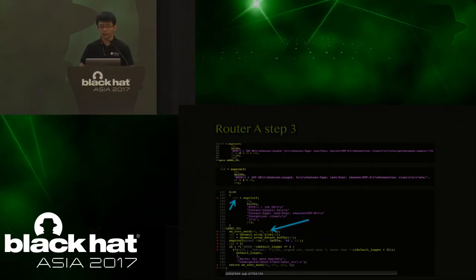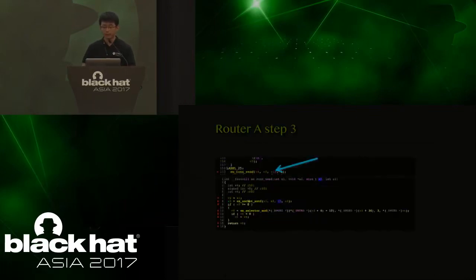And then the binary used the EM connection send function to send out data. Now we go on to see the EM connection send function. In the EM connection send function, we can find that the return value of snprintf is used to decide how many bytes to send to its clients. Now we can make the V19 really big.